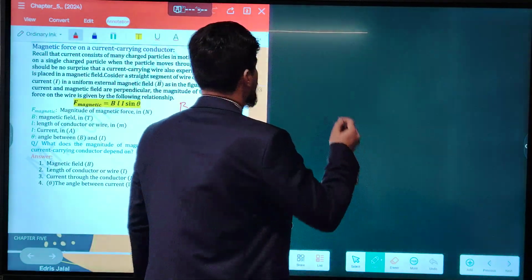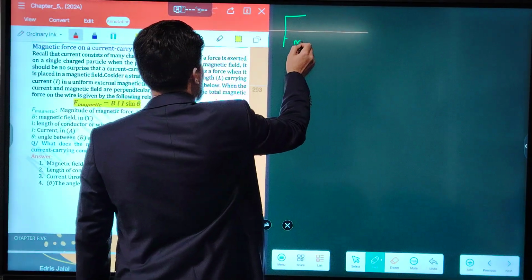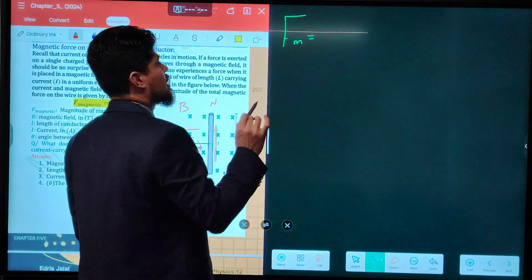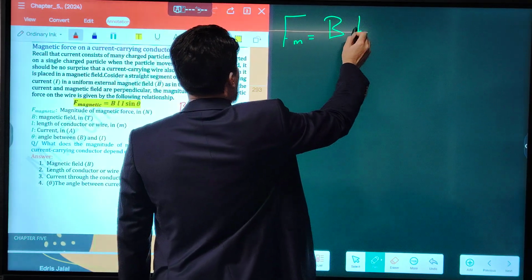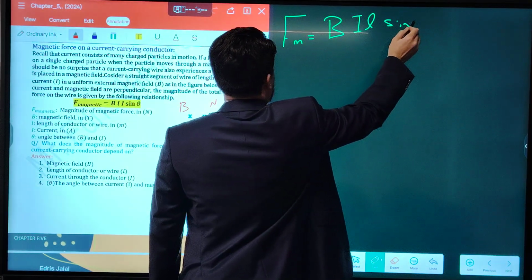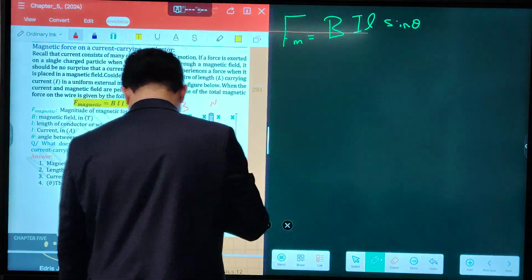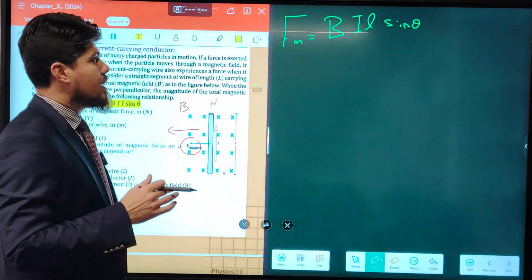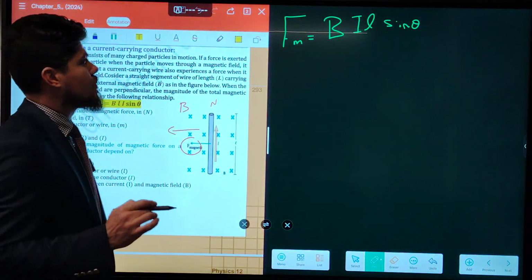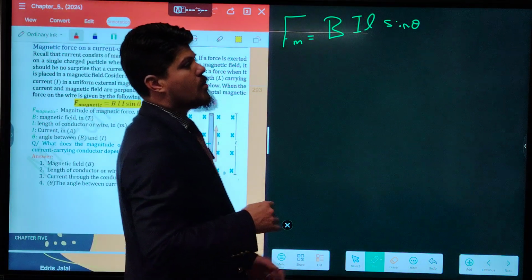By using this equation, the magnitude of the magnetic force on the current carrying conductor is equal to B I L sine theta. So in this way you can determine the magnitude. So how about the direction?